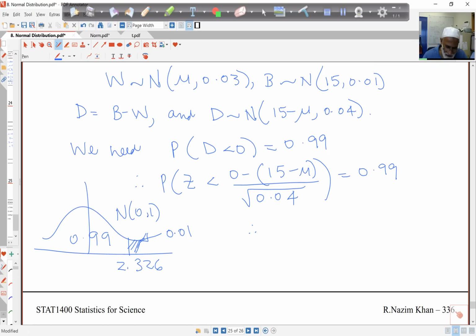In other words, if I work this out, this is 0 minus 15 minus mu, so it's negative 15 minus mu, over 0.2 when I take the square root, and that should be 2.326.